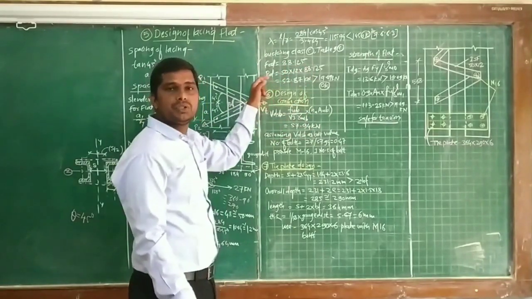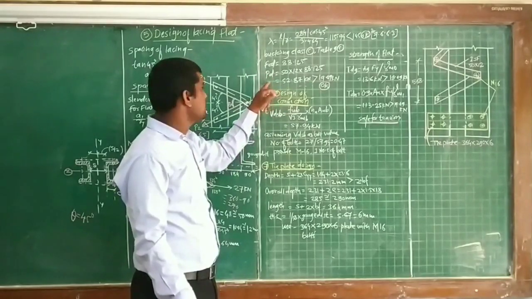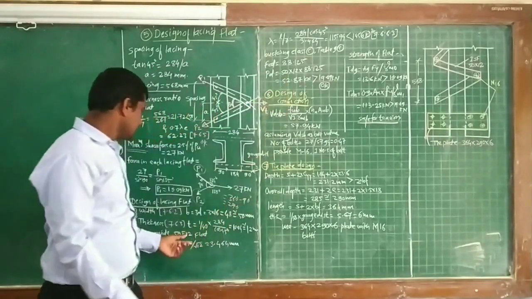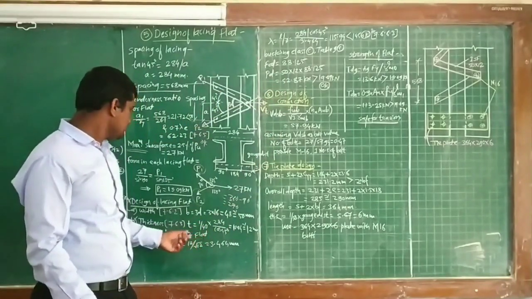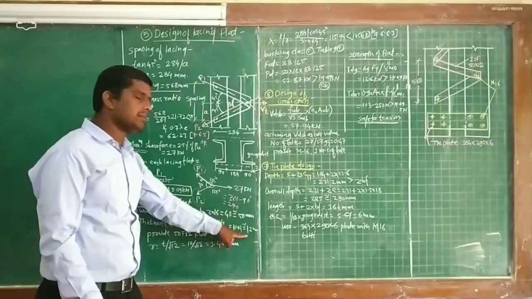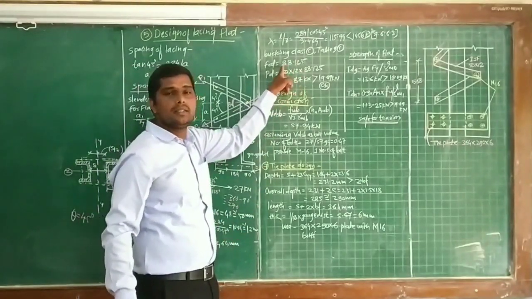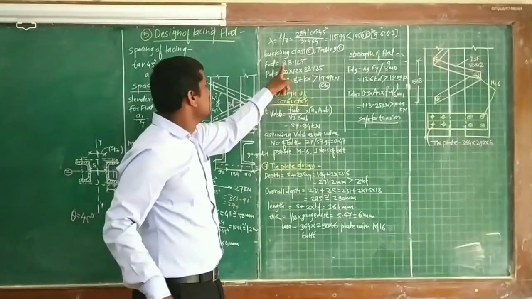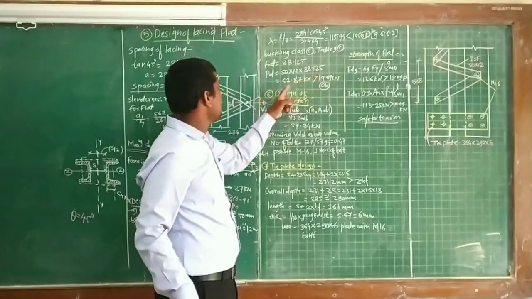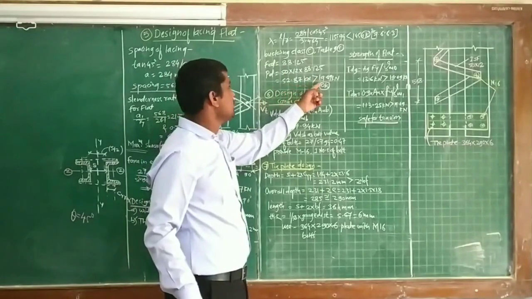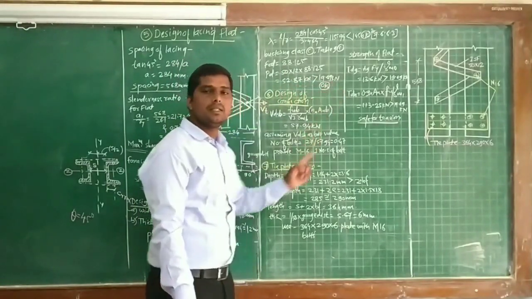Then the design compressive strength Pd is equal to, so what is the dimension for this flat plate? That is b into t, that is width 50 mm multiplied by thickness 12 mm, so 50 into 12, and the design compressive stress 88.125. So the answer will be 52.87 kN, and which is greater than 90.09 kN.